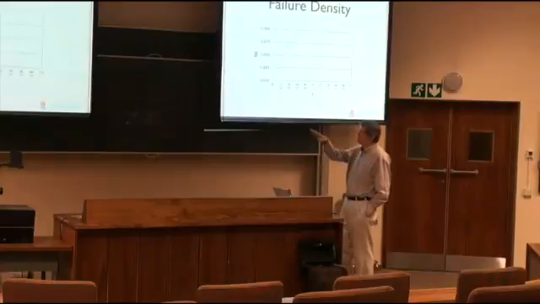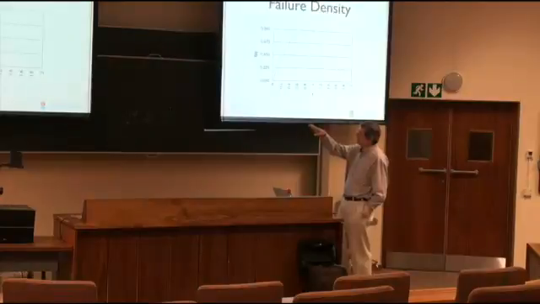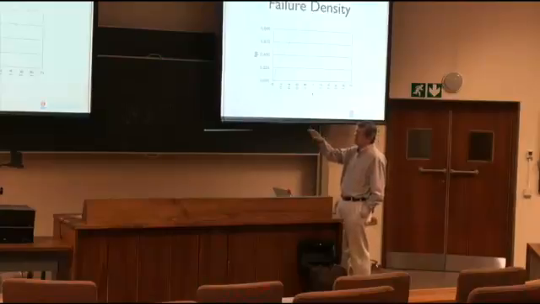This T-scale could be, instead of going 0, 1, 2, it could be 0, 100, 200, or 0, 1,000, 2,000, whatever, depending on the scale of failure of that specific component.